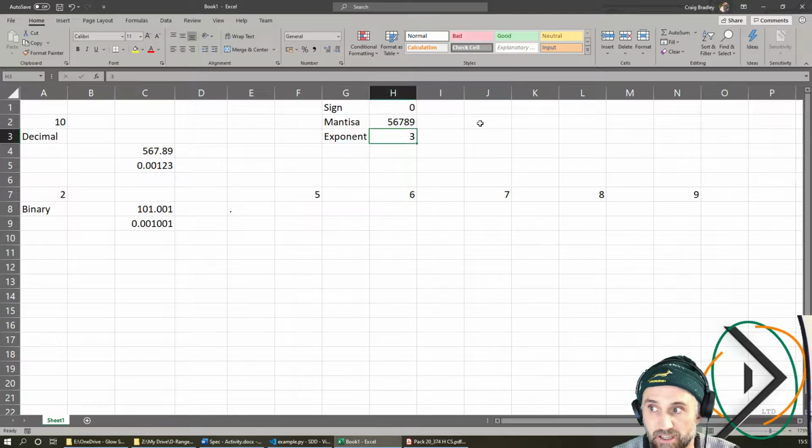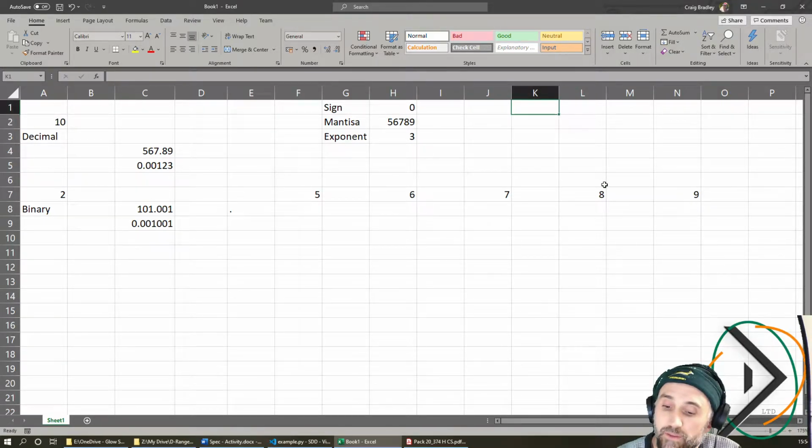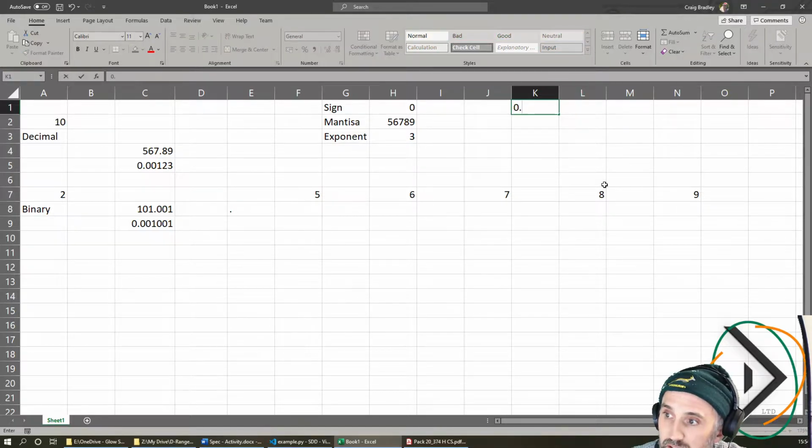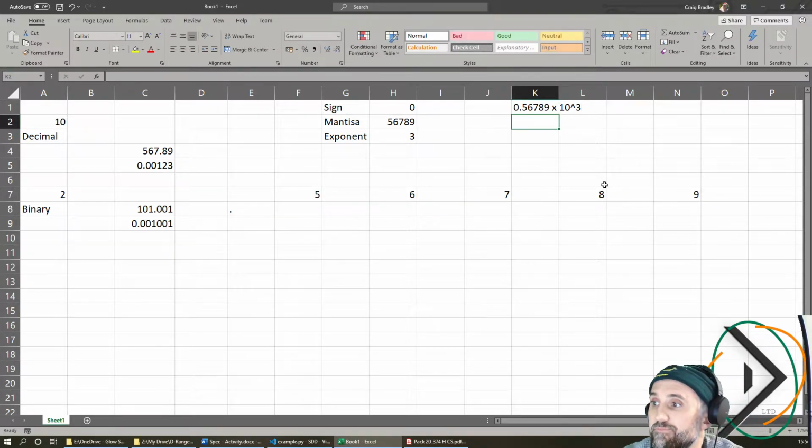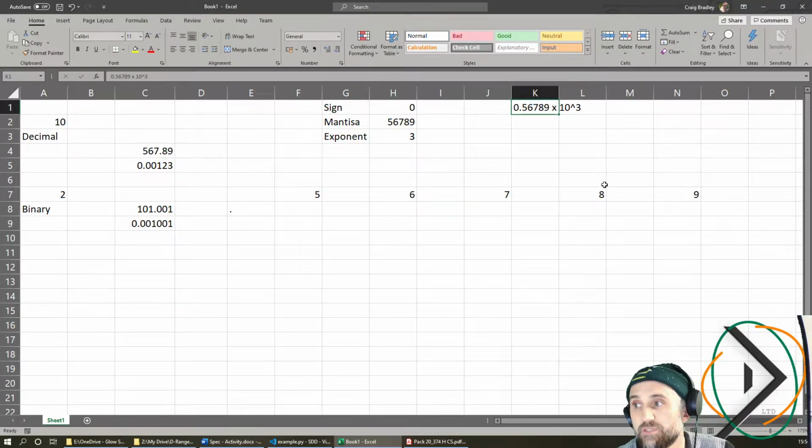Now what this means is that it stores 0.56789 times 10 to the power 3, meaning that to get the number back, you just move to the right 3 places, and that would be the number.